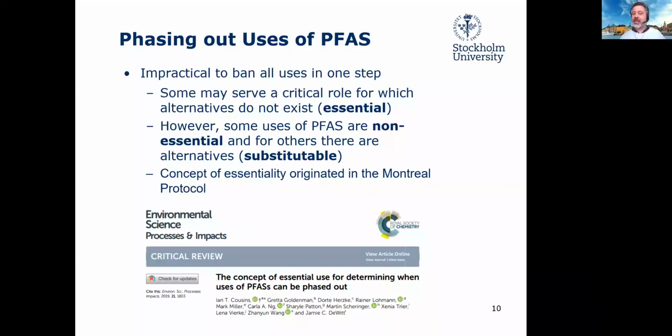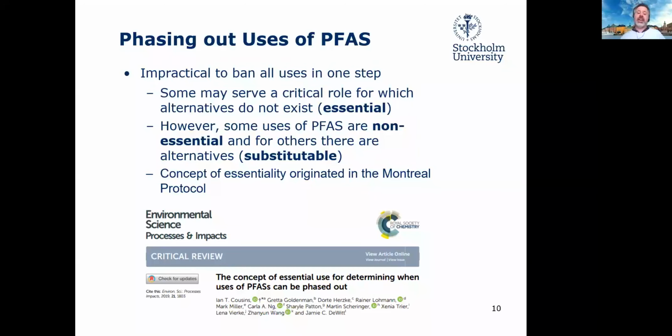They may just be there because of market opportunity. They may not have a function in the product. And then there are other uses which can be substitutable. There are alternatives which are safer. So you can substitute the PFAS in those particular uses.